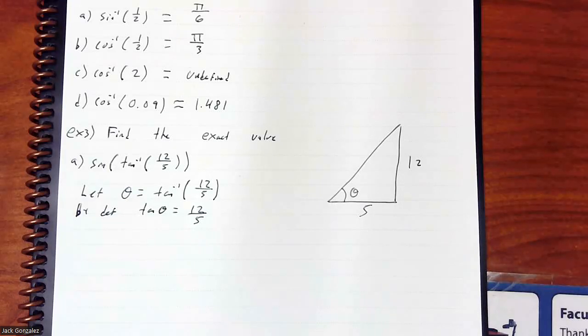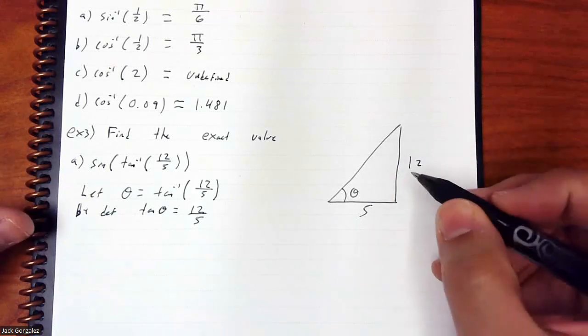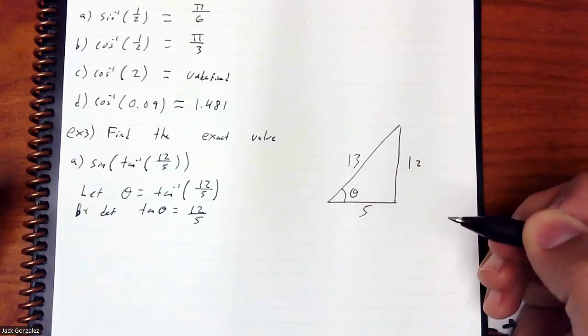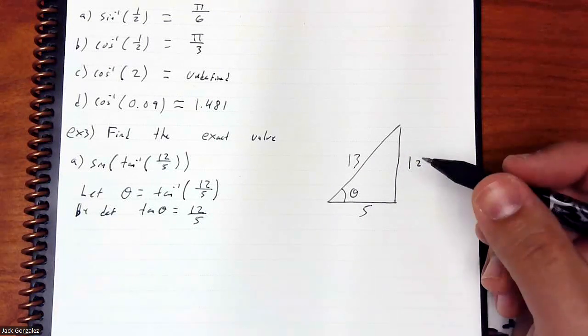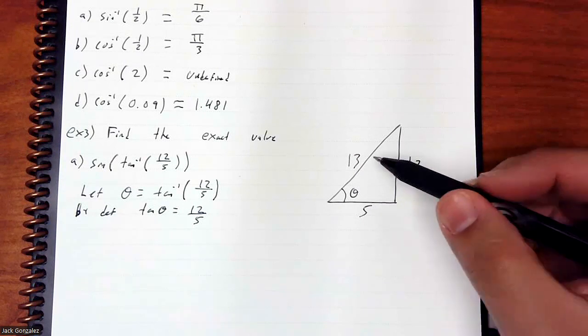We need hypotenuse. Once you do your Pythagorean theorem, it should be 13. I'm gonna skip the Pythagorean. Is that okay, or do you want to see where the 13 came from?